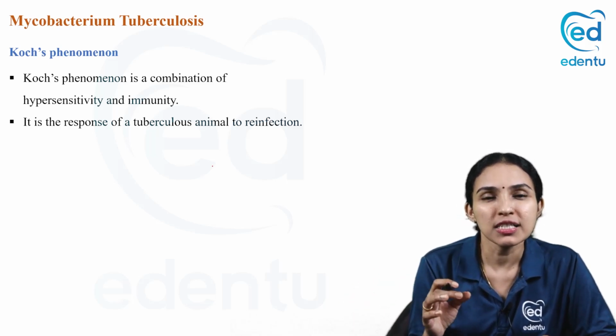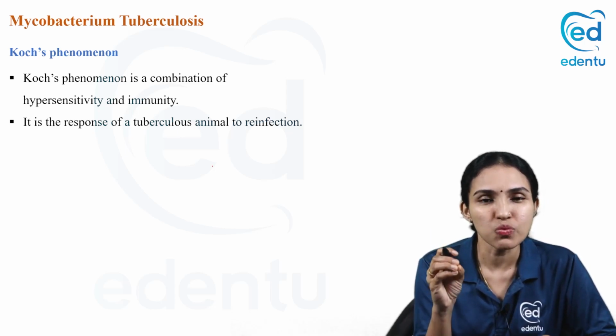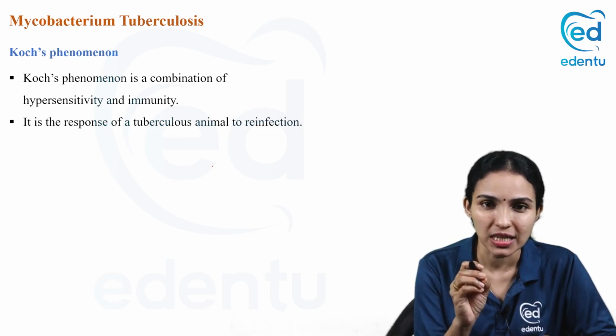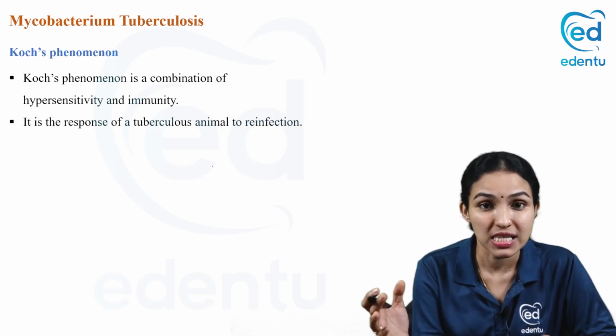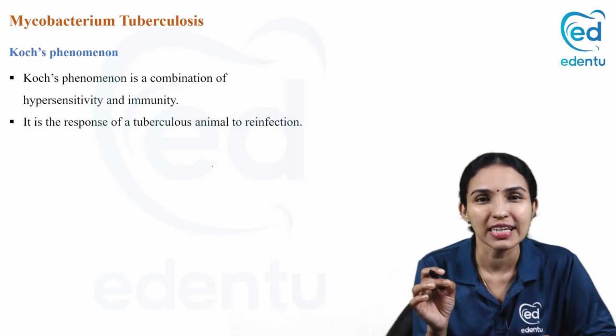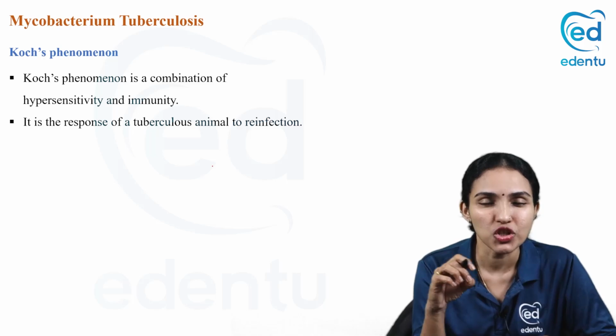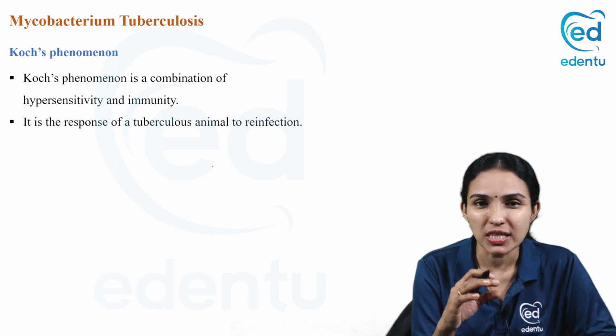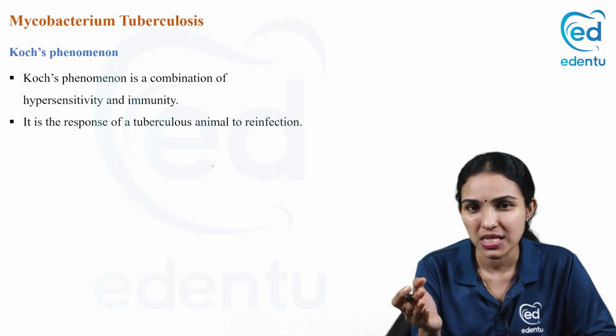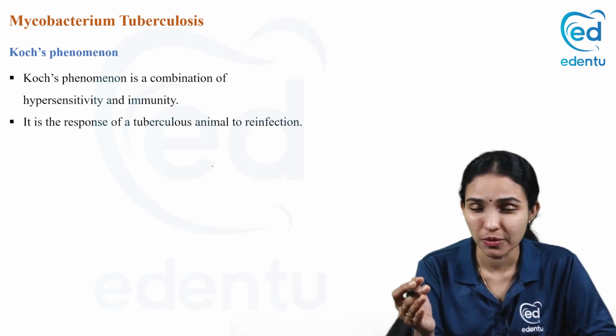And when the same guinea pig was first injected with an avirulent bacilli, and then later on a virulent bacilli was injected, the animal didn't die, but it developed a shallow ulcer which developed into induration, erythema and all. So that is actually delayed type hypersensitivity leading to immunity.